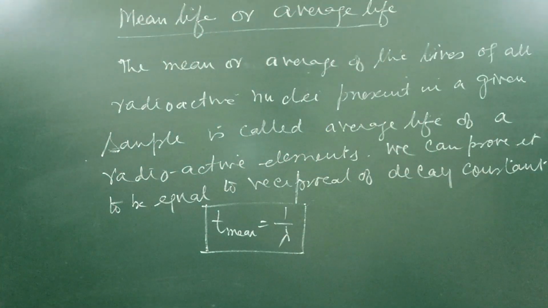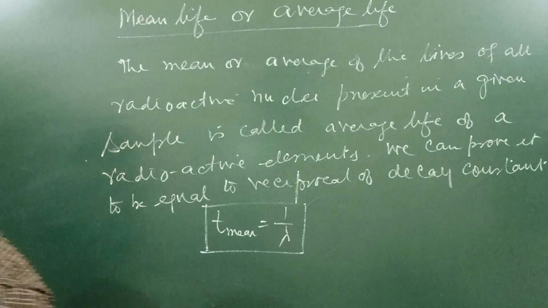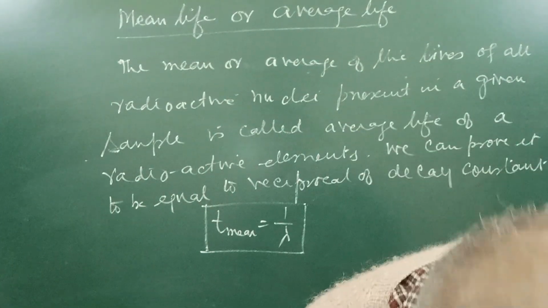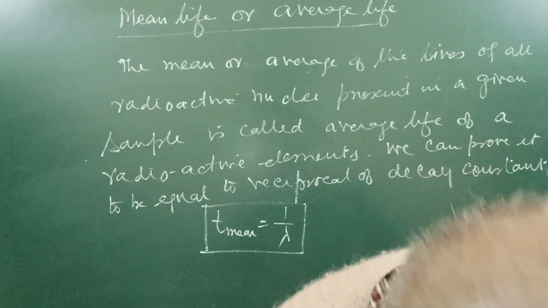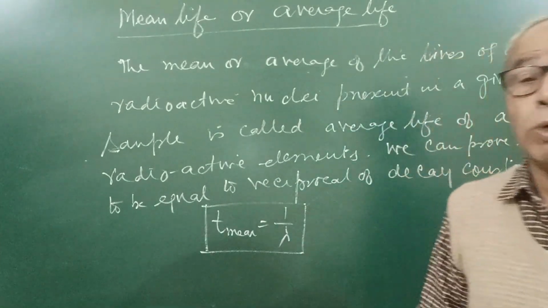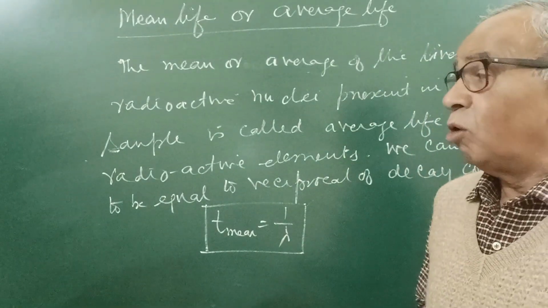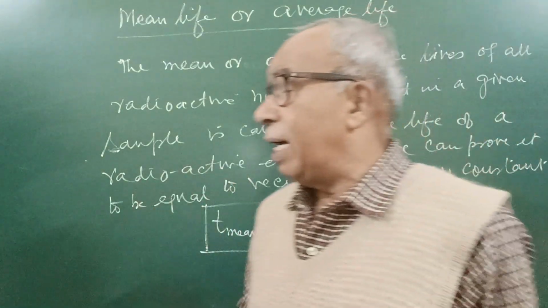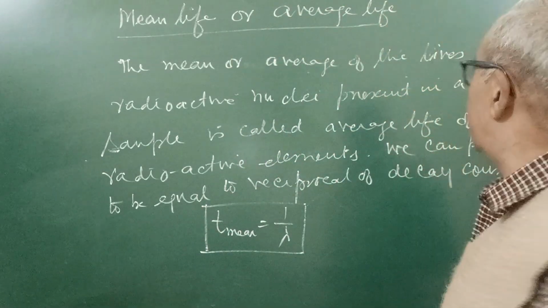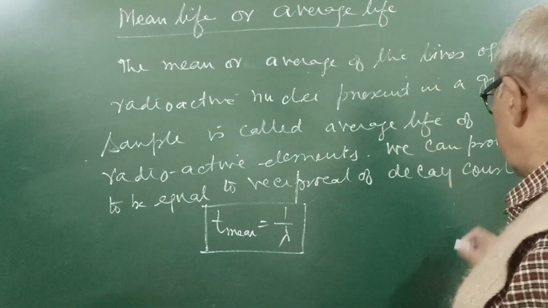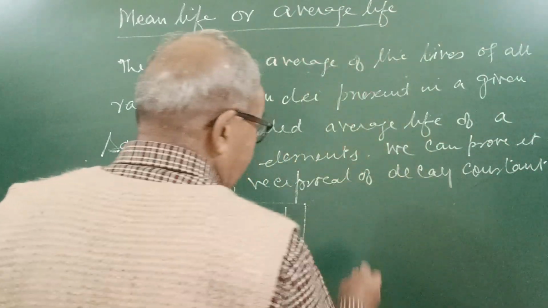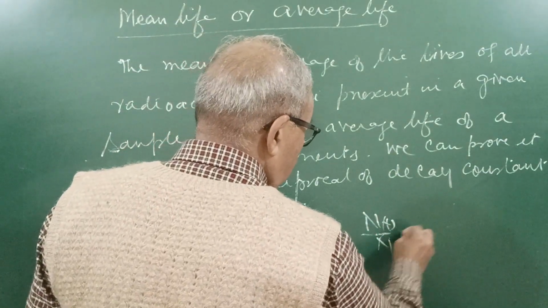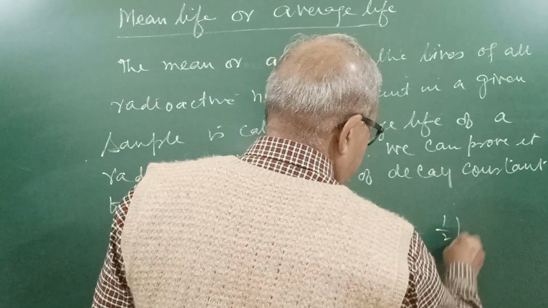So I told you these two very important topics in these two videos: law of radioactivity, half life, mean life, and the relation Nt upon N0 is equal to 1 upon 2 to the power n.